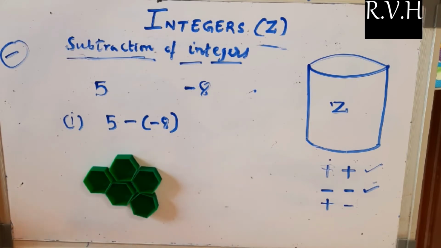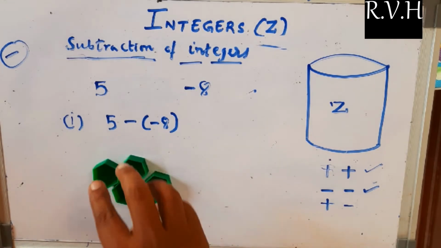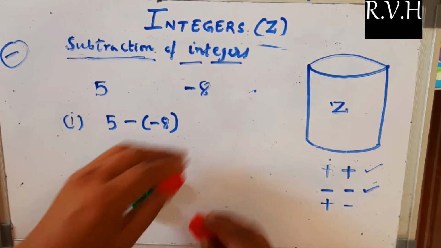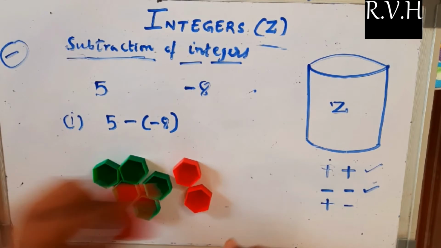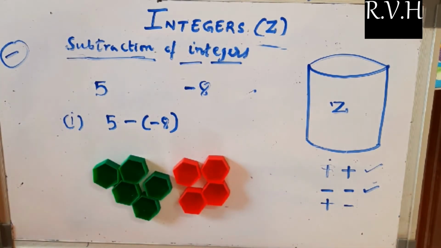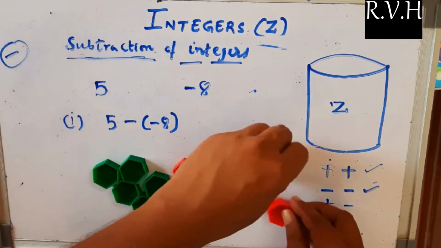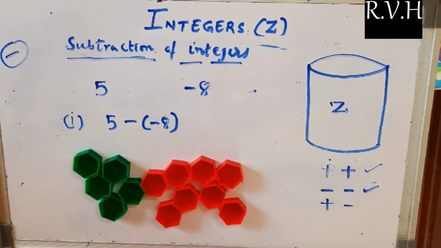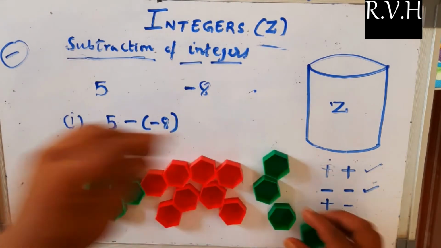So to remove 8 red ones, I bring those 8 red ones. I borrow, in your language. So I'm bringing 8 red ones. Okay, I brought 8 red ones. As soon as I brought 8 red ones, I have to neutralize them, right?